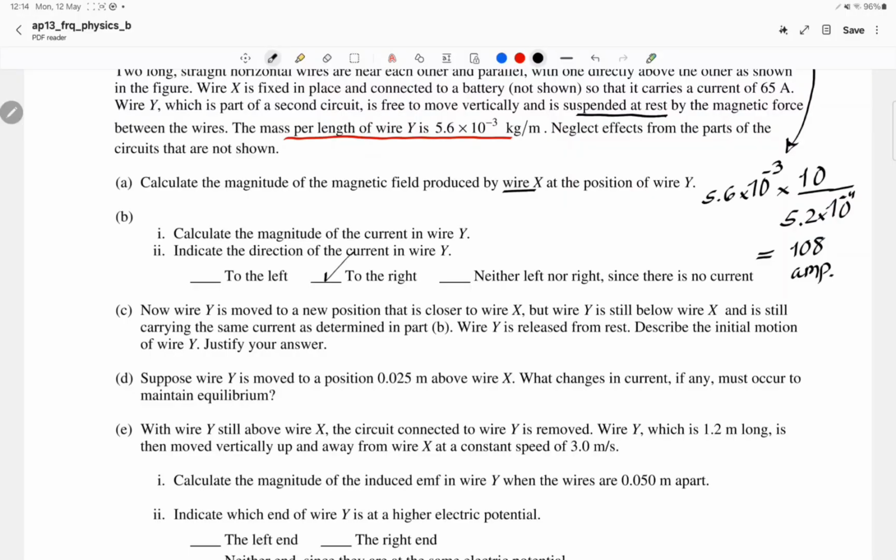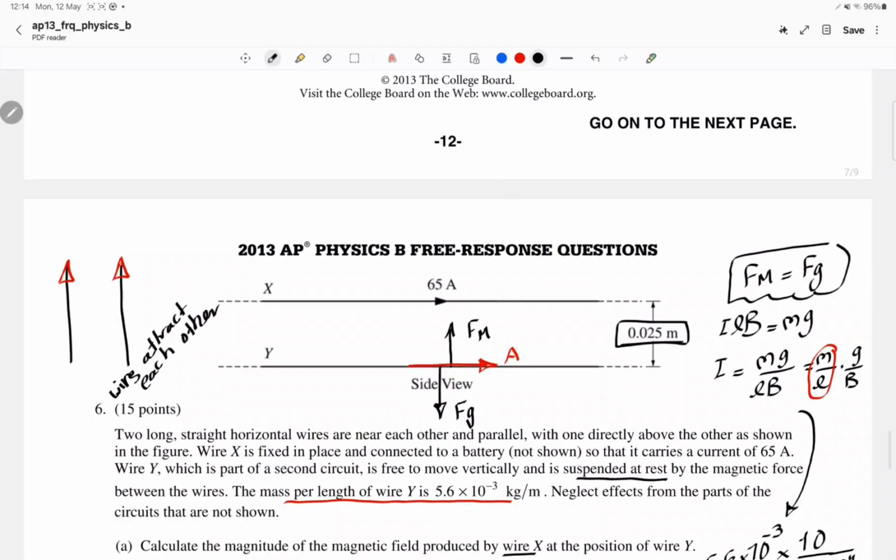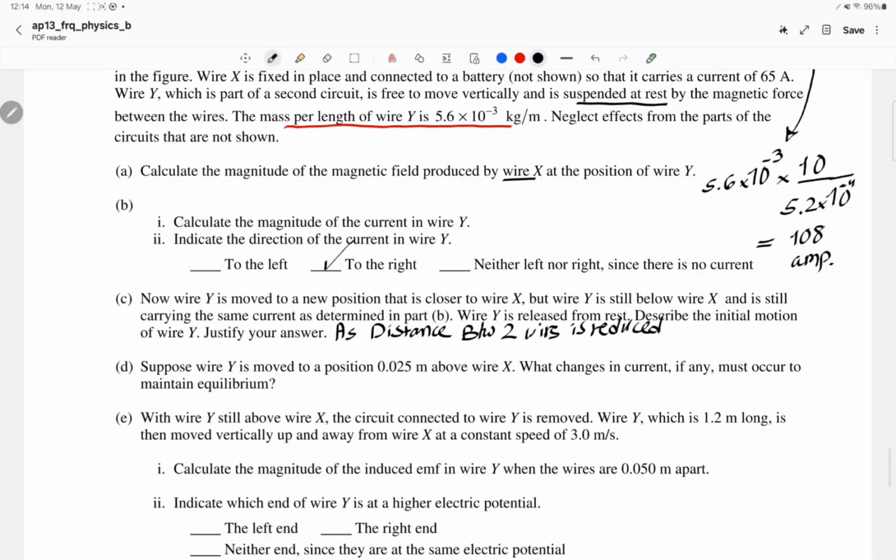So look, as the distance between the two wires is reduced, it is right, because they were initially at 0.025, now they're going to be closer than before. The magnetic field is inversely proportional to r, so the B will increase.